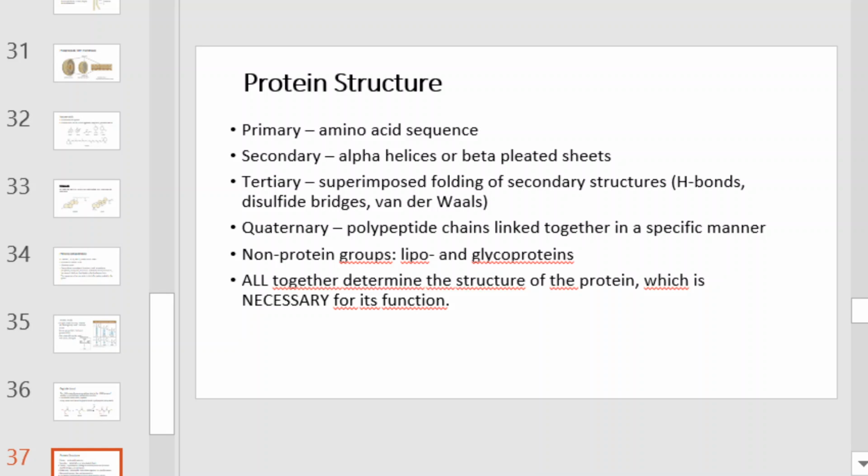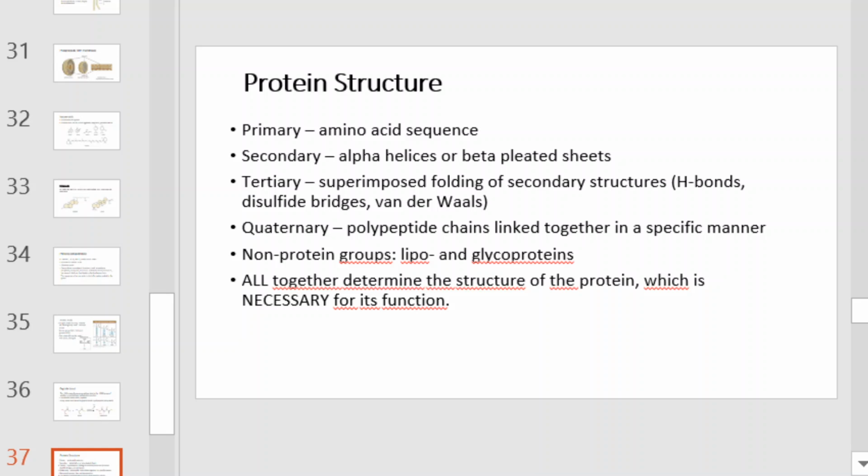As they start to fold and take on three-dimensional shapes, they will move through secondary, tertiary, and ultimately quaternary modifications. Secondary modifications to structure include forming alpha helices and beta-pleated sheets, while tertiary structures start to develop some three-dimensionality as the alpha helices and beta sheets become superimposed on each other.